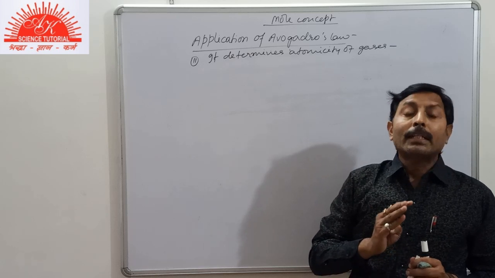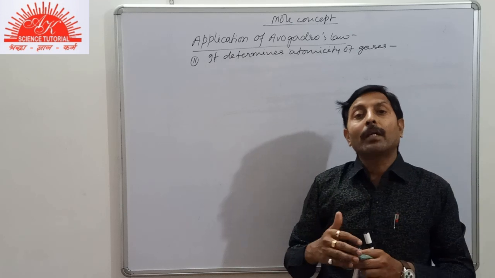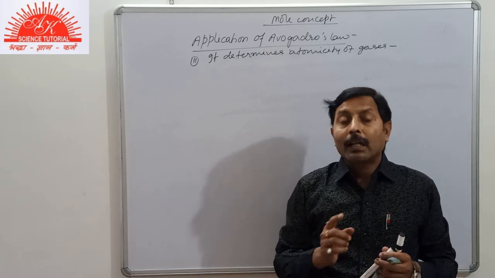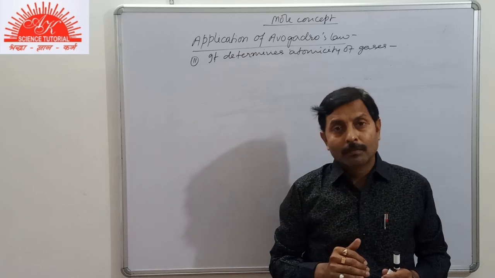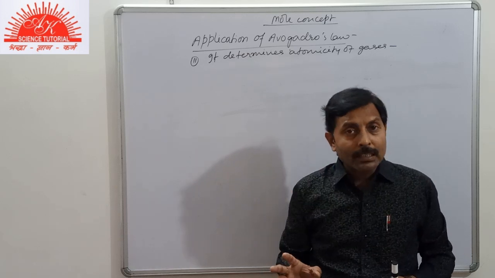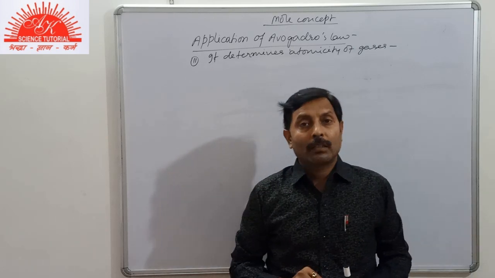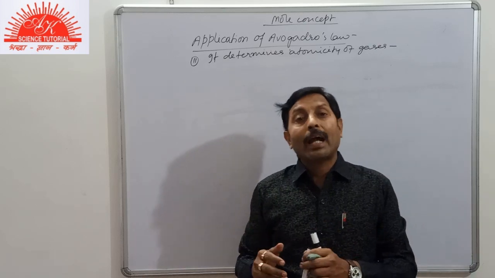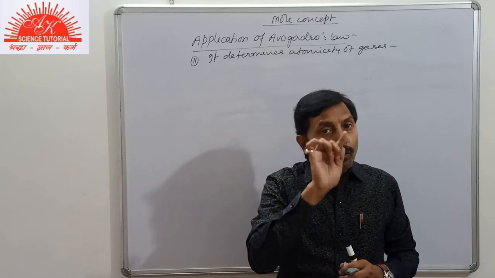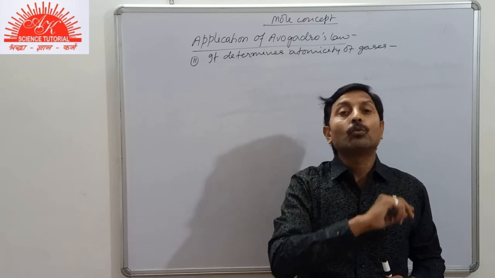It may be monoatomic, diatomic, triatomic, tetraatomic, octatomic. Monoatomic: metals in vapor state or inert gases, they have one atom. Diatomic: O2, N2, Cl2, H2 and so on. That is, in one molecule of H2 there are two atoms.